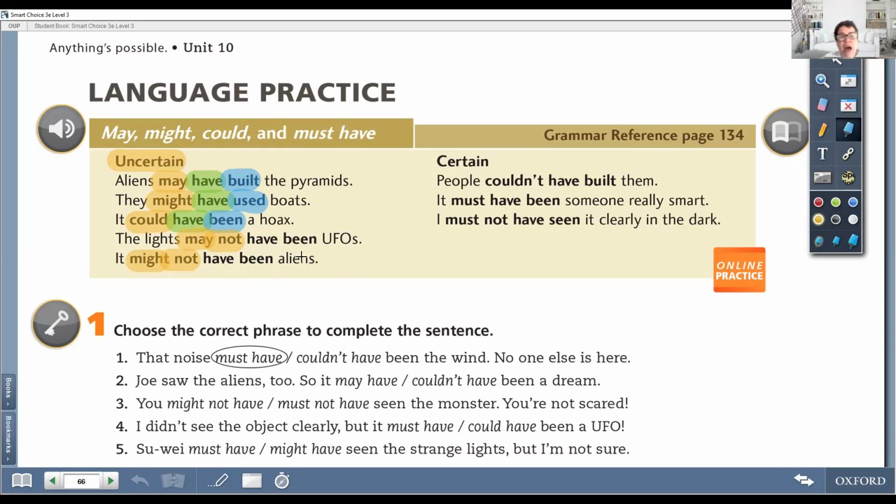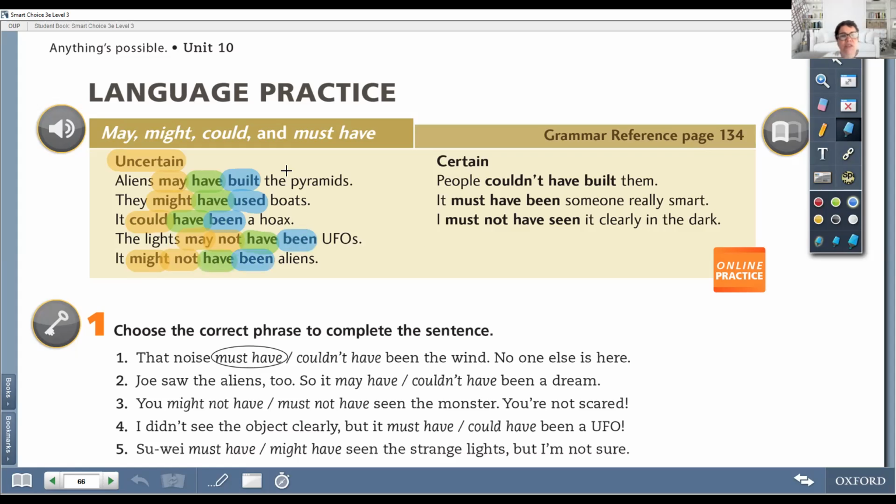All right. After that, we use auxiliary have, okay, just like here. And then to finish, we have to put the verb in the past participle. So here we go. All right.